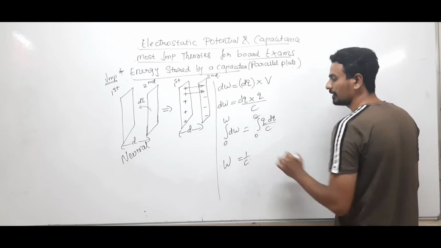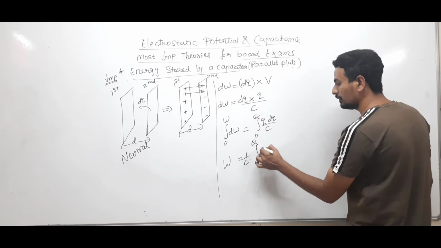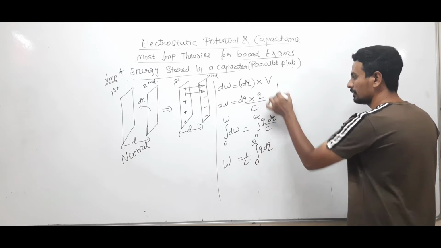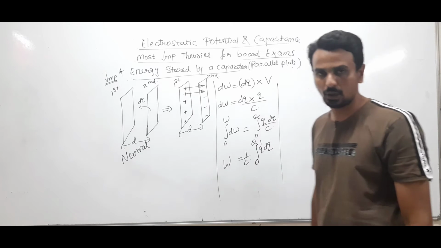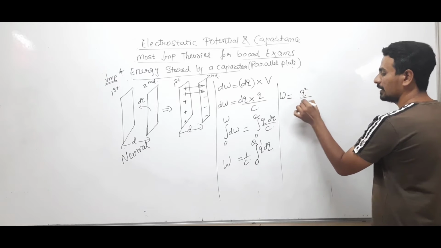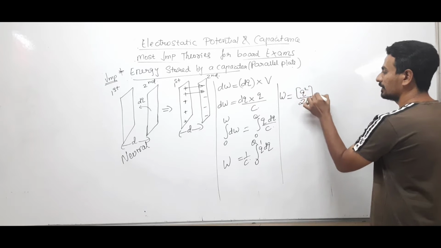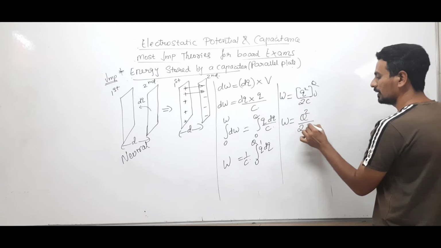Integration of dw will be W, 0 to q, q dq. What is the integration of q dq? Q square by 2. So work done will be q square by 2C, limit 0 to q. So work done will be q square by 2C.